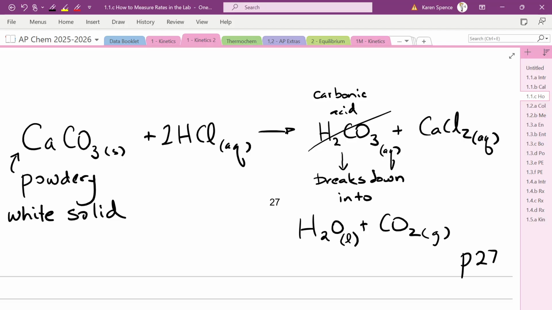Discuss with your partner, with your neighbors. What could we monitor to see what the rate is? We could measure a change in what?